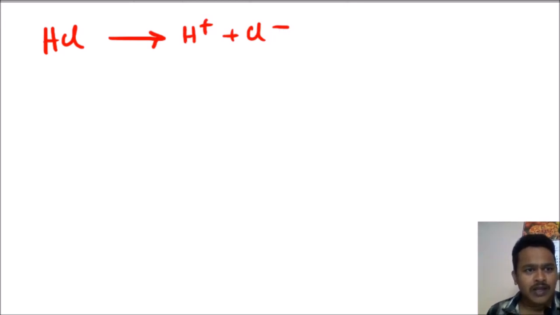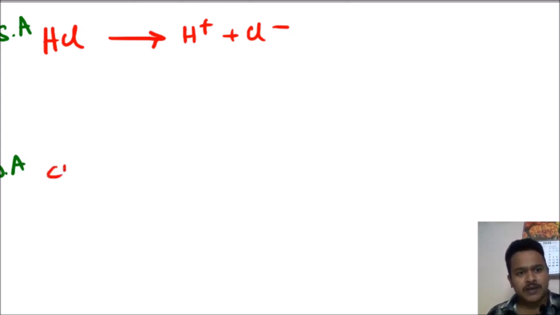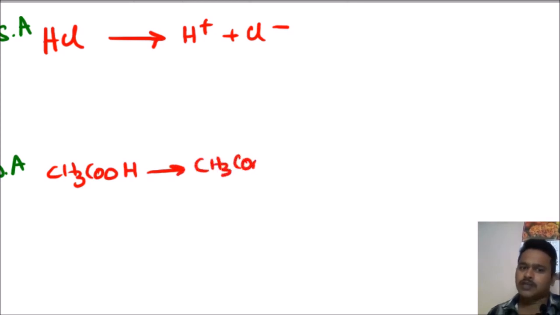And the other one, a weak acid I will take, is CH3COOH, which gives CH3COO minus and H plus.